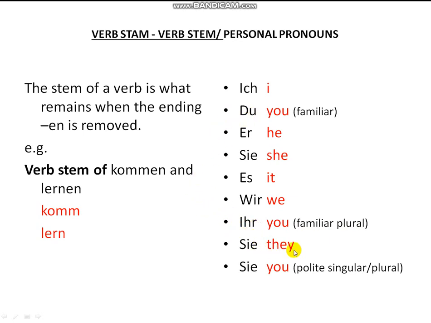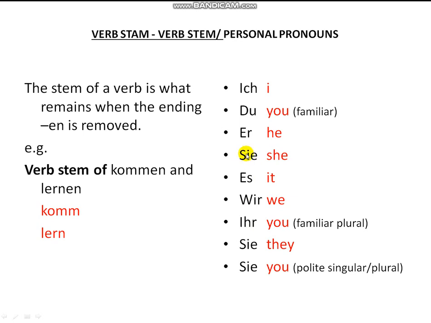And they is sie. And you, polite form singular or plural, is also Sie. As you can notice, there are three sie. One means she, the second means they, and the third means you.